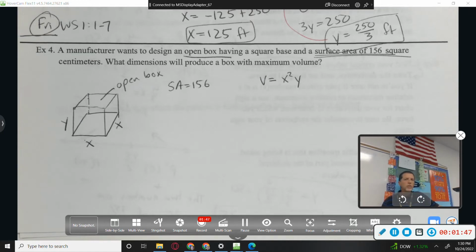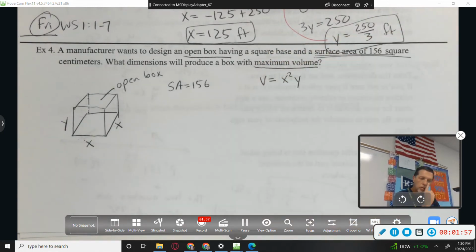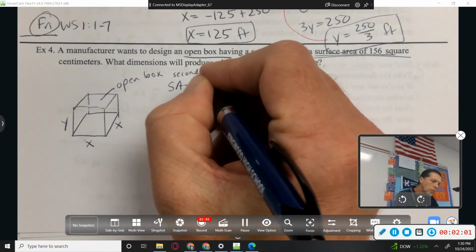Which one of those is the primary equation? Which one am I going to be taking a derivative of? The volume, because that's what I want to maximize. Which means my surface area is supposed to be a secondary or a helper equation.